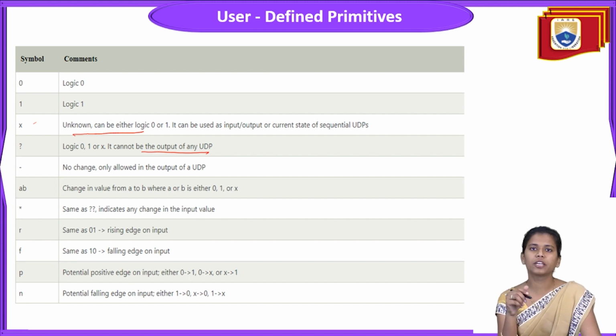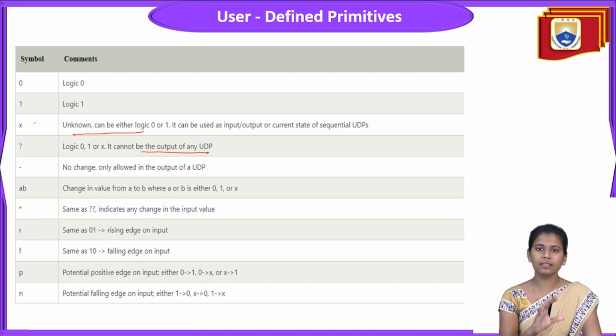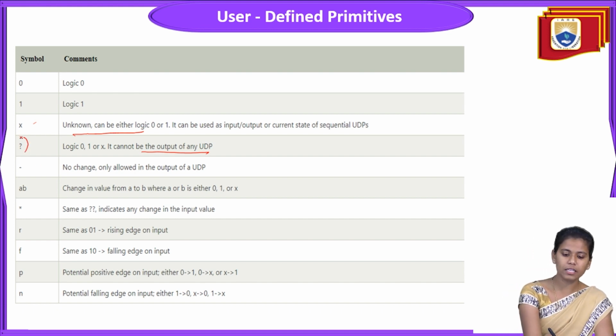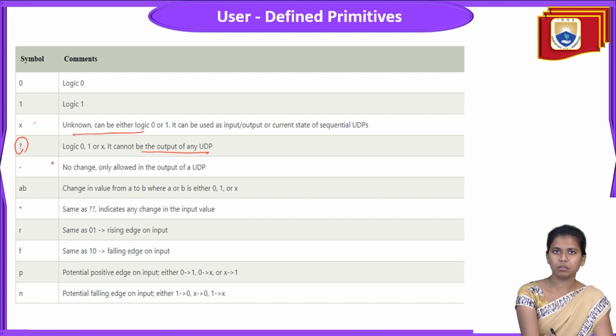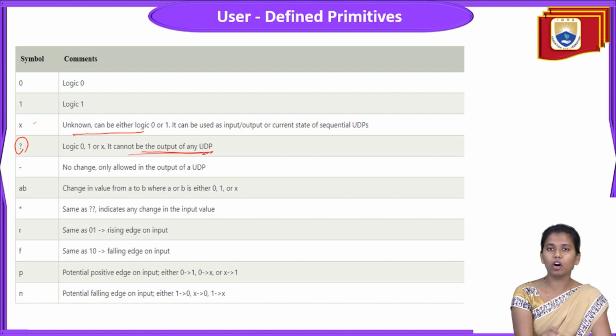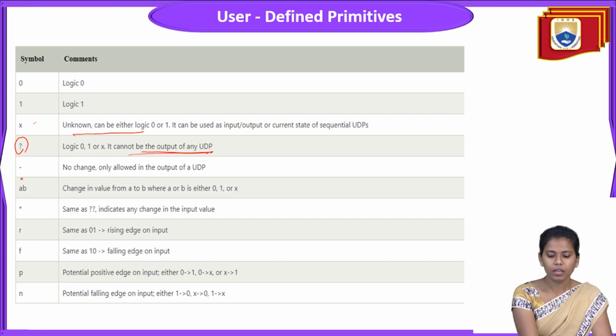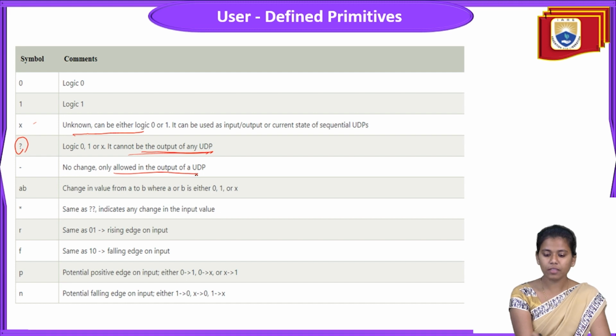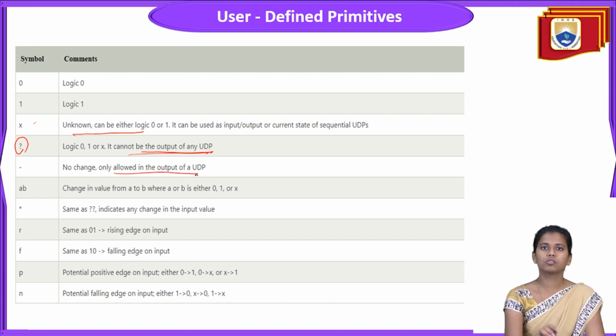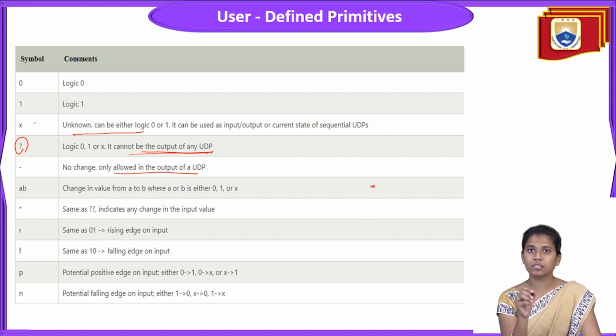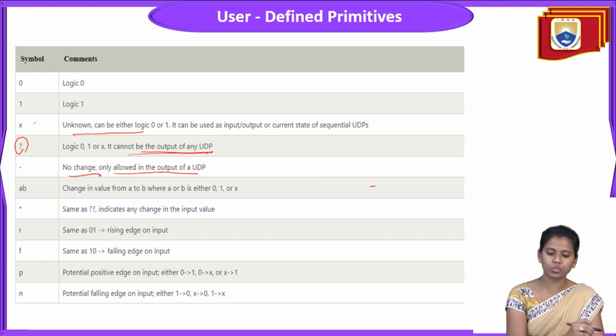So the output logic could be 0, 1 or X. Other than this, if you are observing any output, then we present the symbol as a question mark. So it cannot be the output of any user defined primitive. And the dash is no change, only allowed in the output of a UDP. So in the output, if you find a dash anywhere, it says that there is no change.